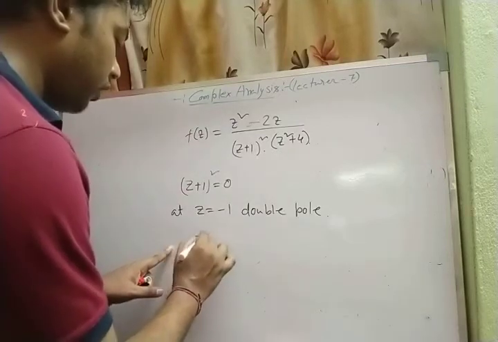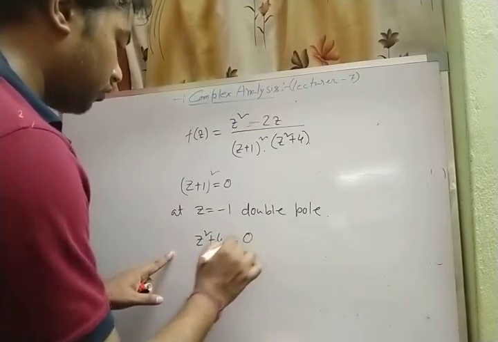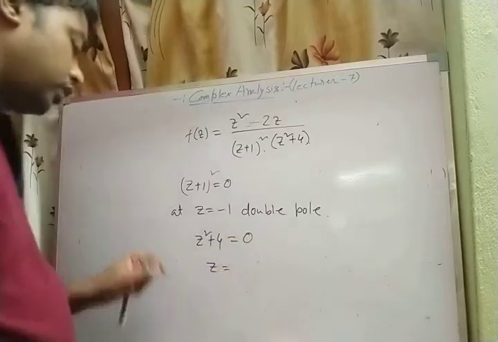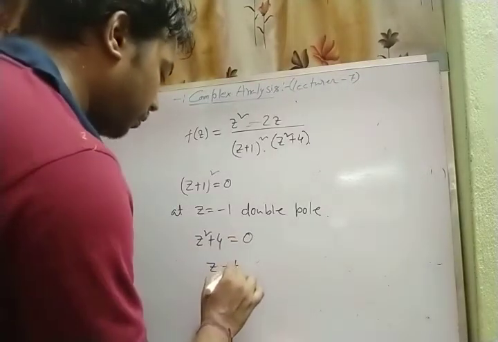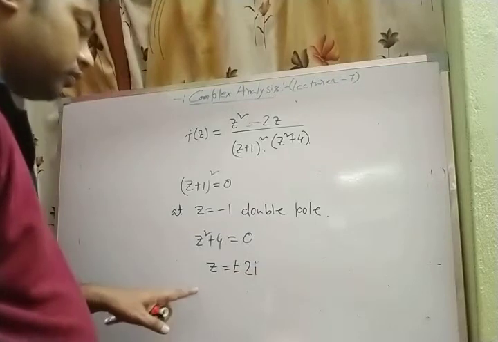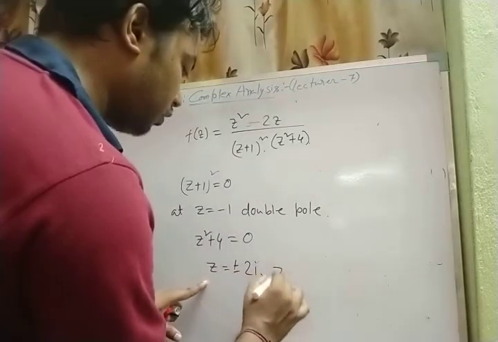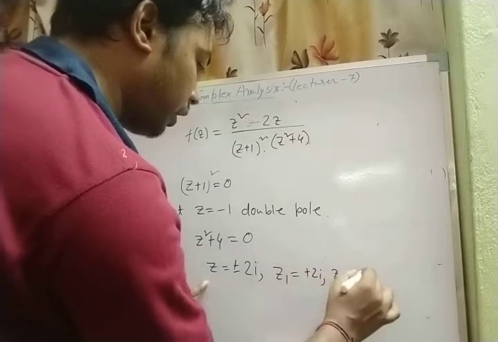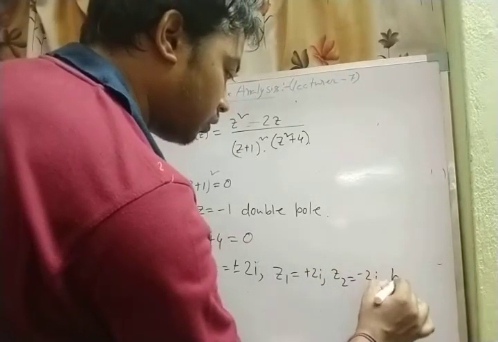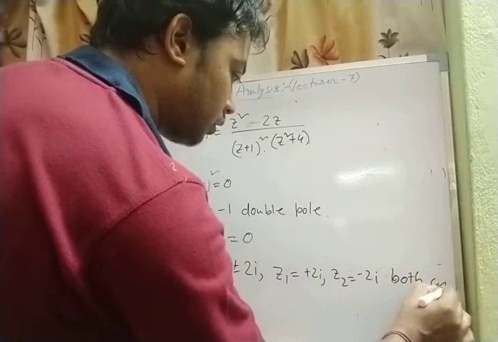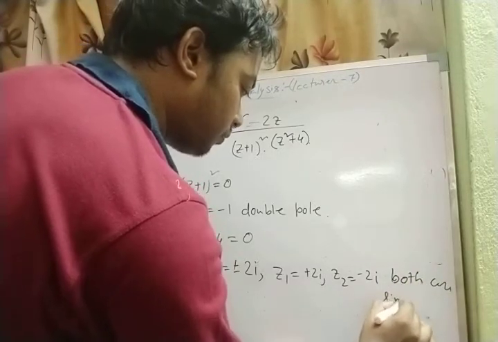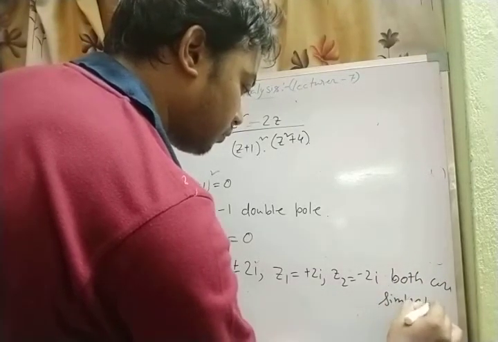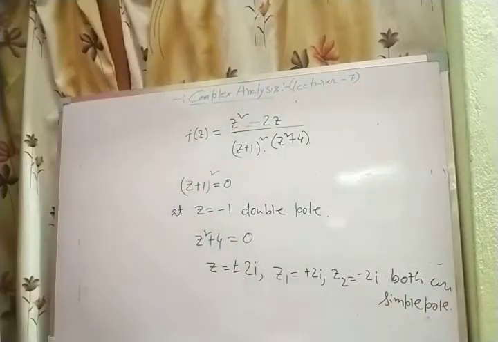And z² + 4 = 0 gives z = ±2i. So z₁ = +2i and z₂ = −2i. Both are simple poles, that is, poles of order 1.